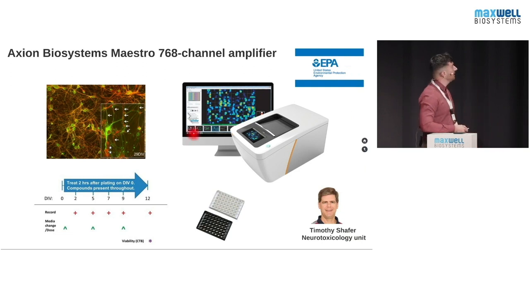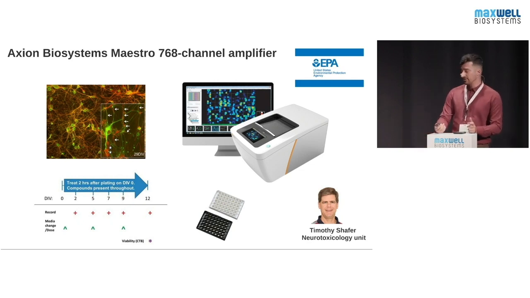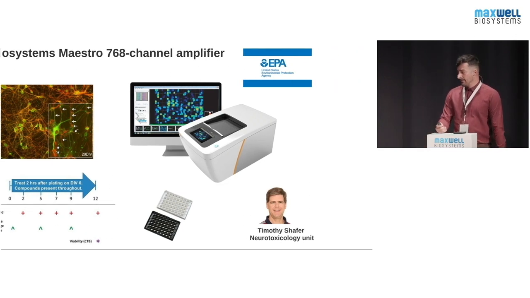They are using electrophysiology activity to assess neurotoxicity. They use this machine and cortical rat neurons to assess the toxicity. Basically, they expose the chemicals for up to 12 days, with repeated dosing. They have screened hundreds of chemicals in the last years, and this has been really useful for the field.